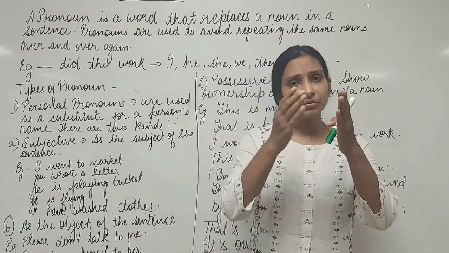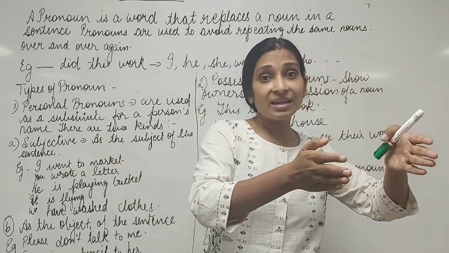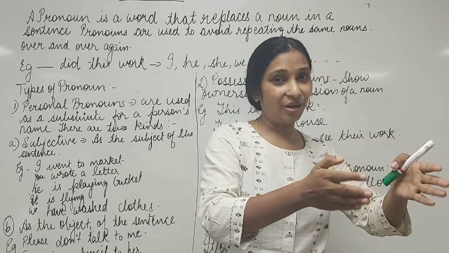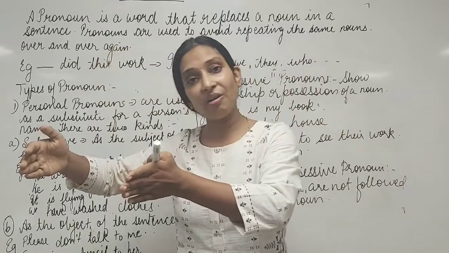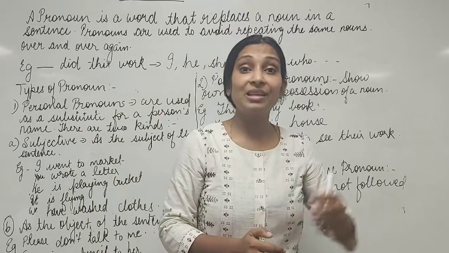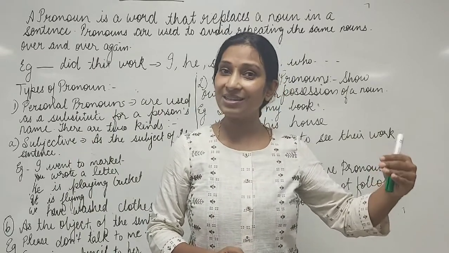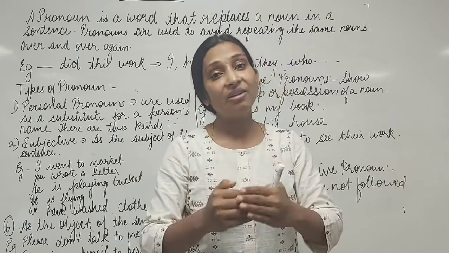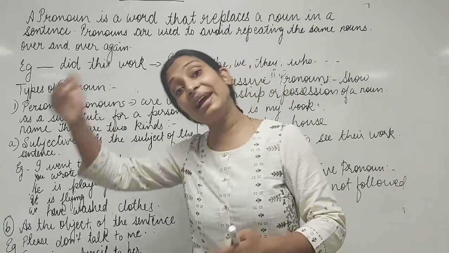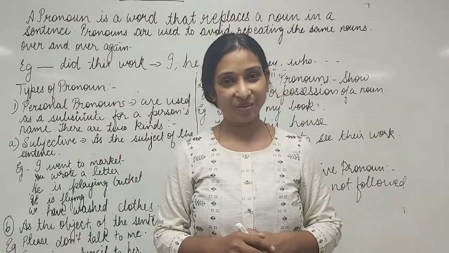Now children, if there is a sentence, the beginning part of the sentence is the subjective part, and the later half is the objective part. When we use a pronoun at the beginning of the sentence as a subject, it is known as a subjective pronoun, and when we use a pronoun at the end of the sentence, it is known as an objective pronoun.